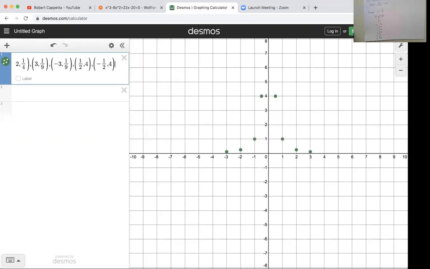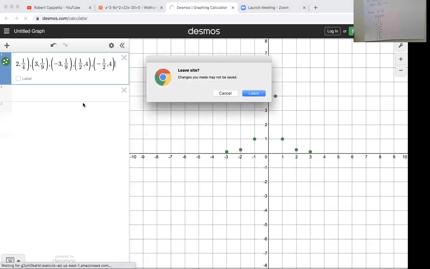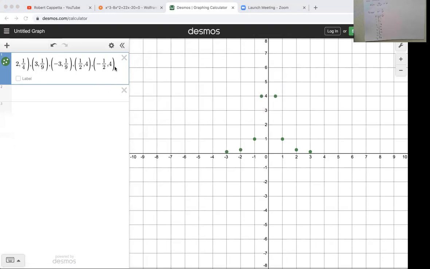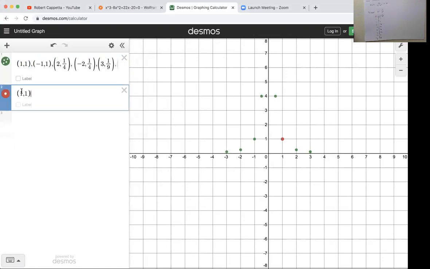So from there, we want to shift everything 3 to the right and 2 up. So what are my points here? Here's my first one, 1, 1. 3 to the right and 2 up.